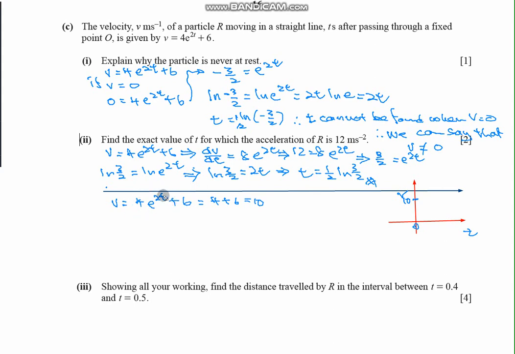If I put a very big negative t, this term becomes a very small value. In other words, if you take the negative t, there is an asymptote here at the point of 6.